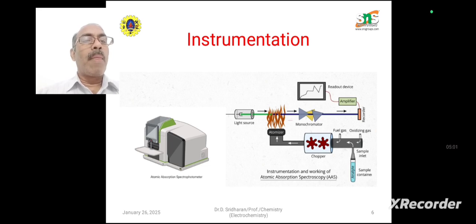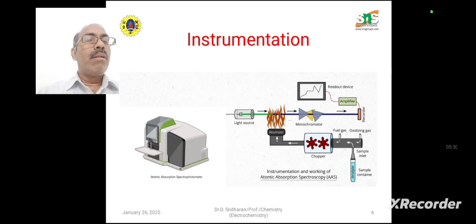So this is a simple representation of atomic absorption spectroscopy. That is the light source. Then that light is directed to the flame. That flame is created from our sample with the help of the gaseous fuels, air and acetylene.